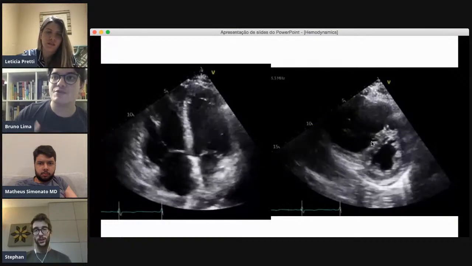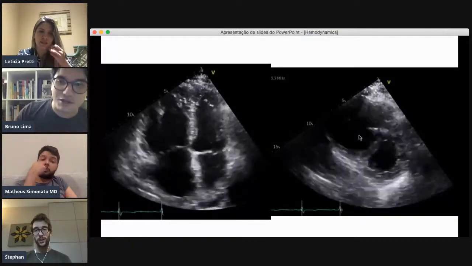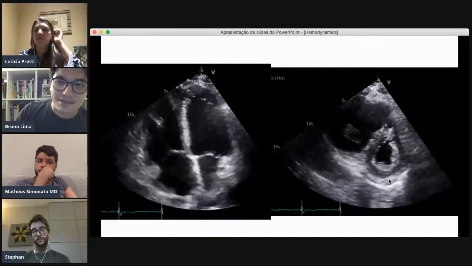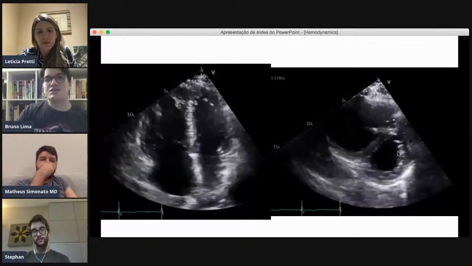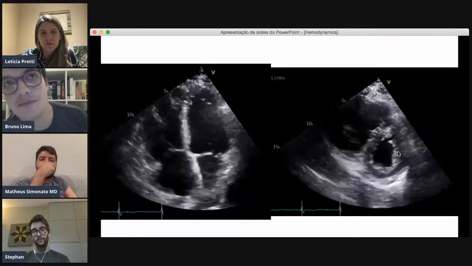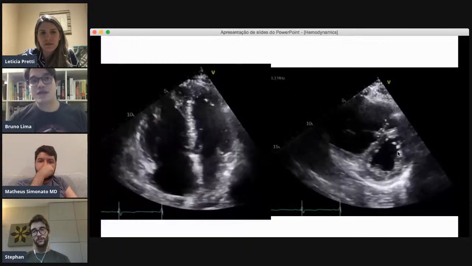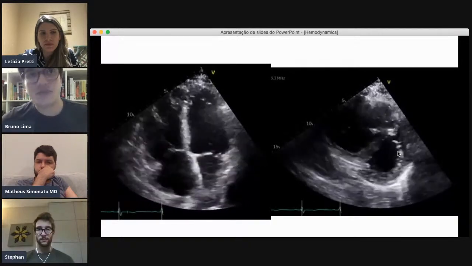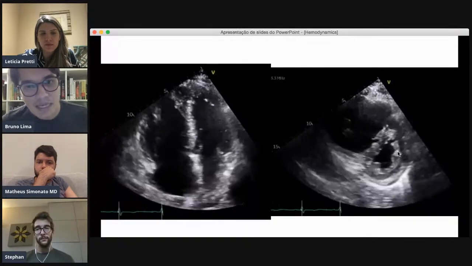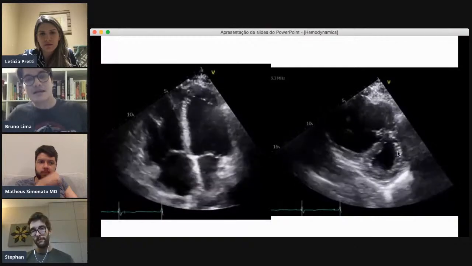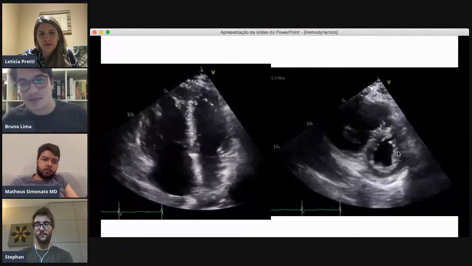So every time you take a deep breath with a ventricle this big, the left ventricle will get less preload, and with that the cardiac output will go down, and the pressure will go down. This is a classic pulsus paradoxus. This is what we see.